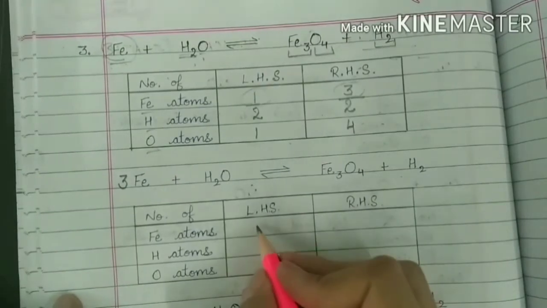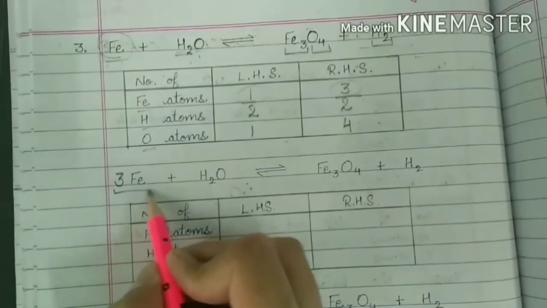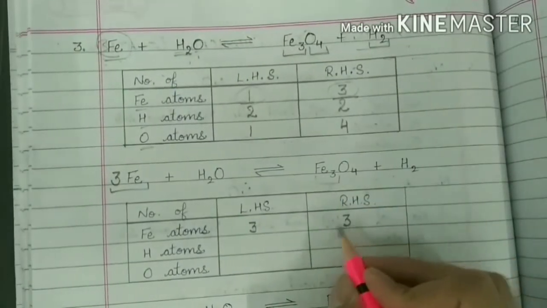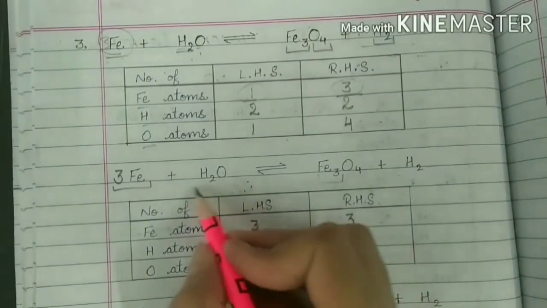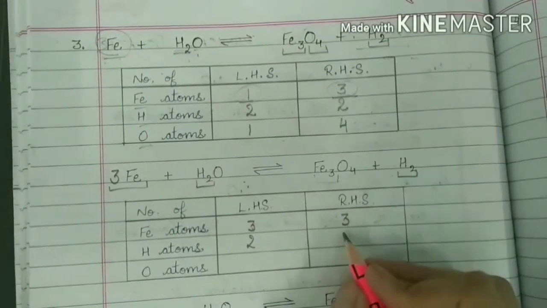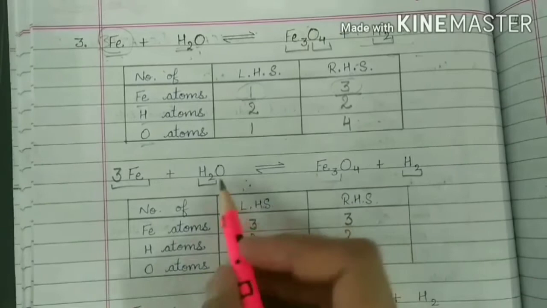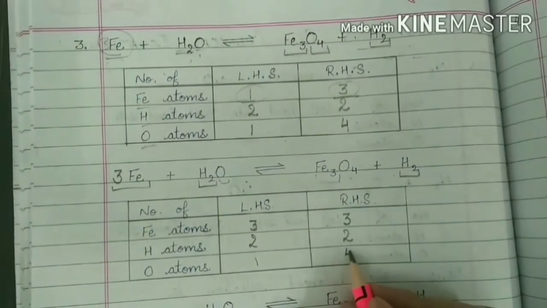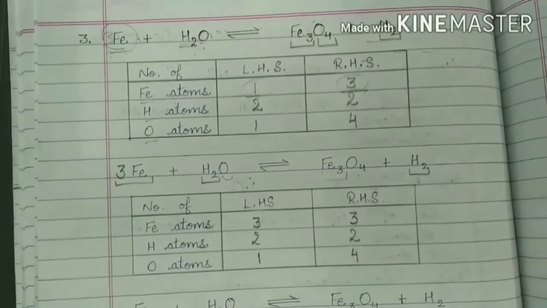Now let's again count the number of atoms. On the left hand side 3 iron atoms, right hand side 3 iron atoms. Both are balanced now. Now 2 hydrogen atoms and again 2 hydrogen atoms. Oxygen atoms on the left hand side 1 oxygen atom, on the right hand side we have 4 oxygen atoms.